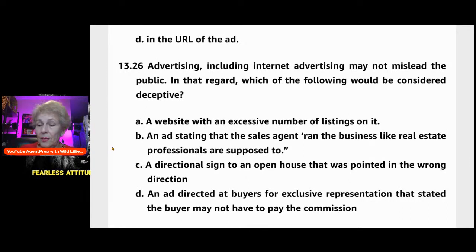So our policies and procedures from the brokerage and the state laws, and following Texas Real Estate Commission rules, conditions, and also the local board may have sometimes certain things that we cannot include in our MLS in order to be uploaded onto the local multiple listing service. So almost everybody has some kind of condition. All right, so be prepared for that. So the answer is an ad stating we ran the business like real estate professionals are supposed to. Well, not everybody knows how we're supposed to.